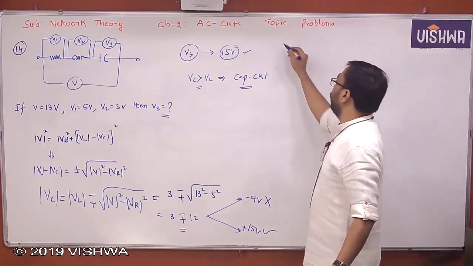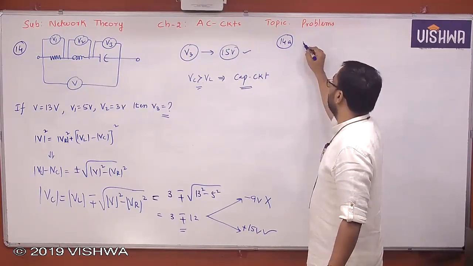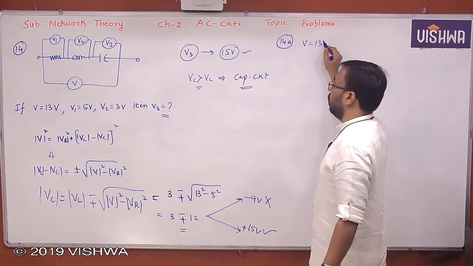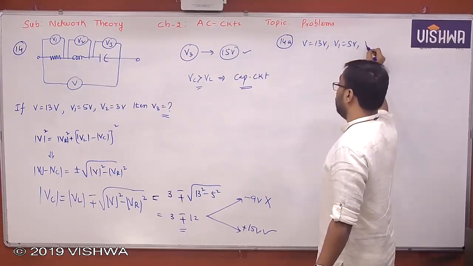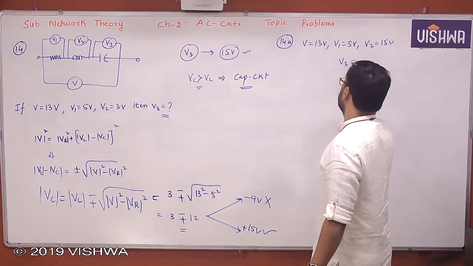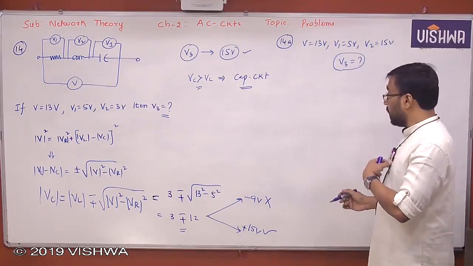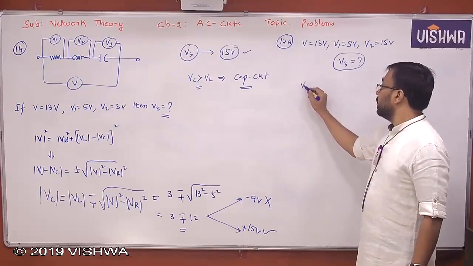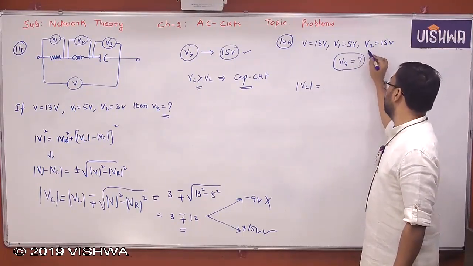Suppose you take 14a, I'm just extending the same problem by taking V equal to 13 volts, V1 equal to 5 volts, and V2 equal to some 15 volts. Then how will the circuit behave, or find the V3 value. Tell me, all of you. Same thing: VC will now be VL, what is the VL value here? 15.